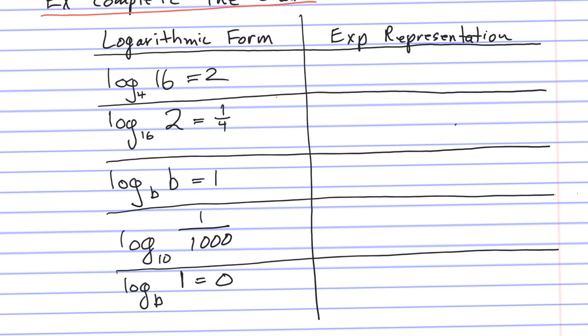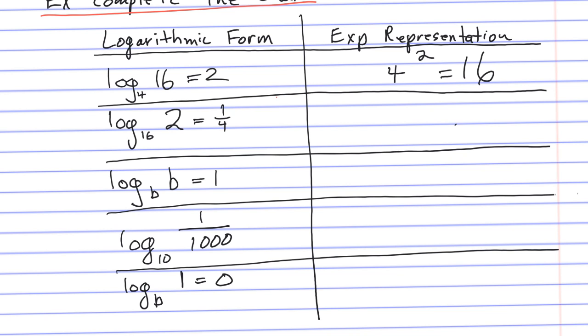So for this first one, it says the log base 4 of 16 is equal to 2. What it's actually saying is, well, 4 raised to the exponent 2 is equal to 16. For this next one, the log base 16 of 2 is 1/4.